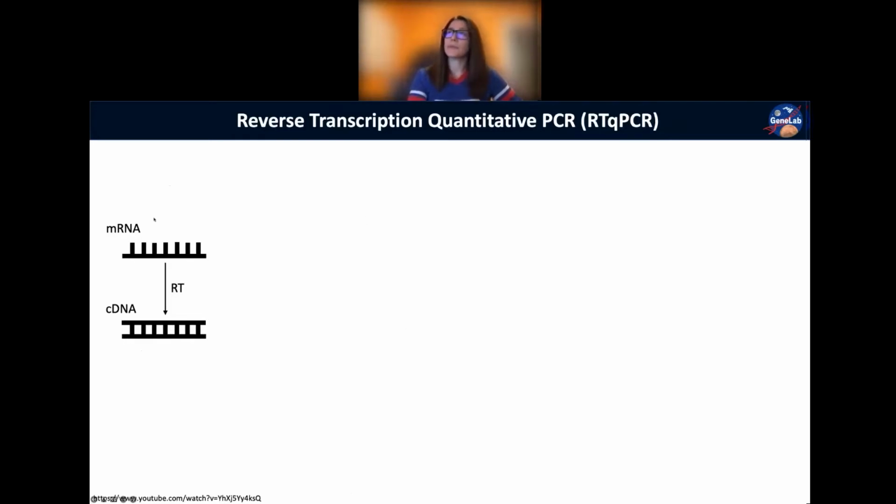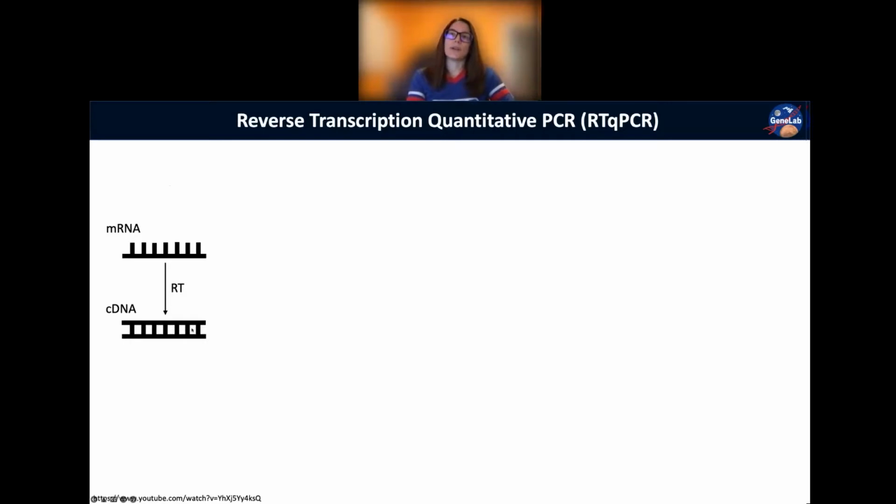And what happened here, in this example now, we're starting with an mRNA. So this is going to be useful to us if we want to look at gene expression being depicted starting at the messenger RNA level. And so we'll take our messenger RNA, we can then convert it into complementary DNA, or cDNA, using a reverse transcriptase.